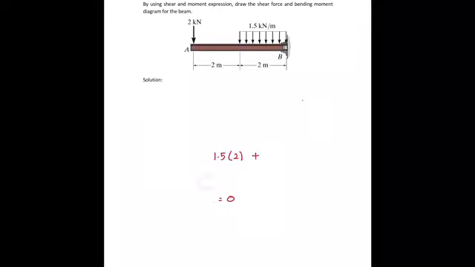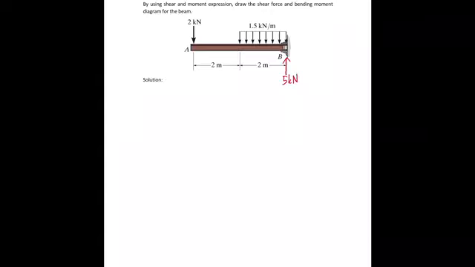As you already calculated the support reactions here, you will get By is equal to 5 kilonewton, Bx is equal to 0, and the moment you will get negative, so you change the direction. So you will get 11 kilonewton meter.